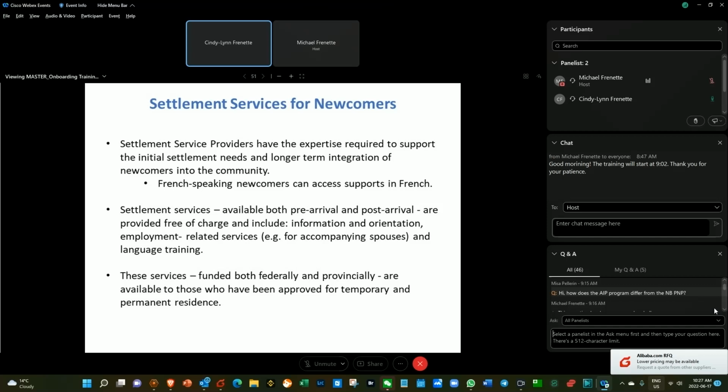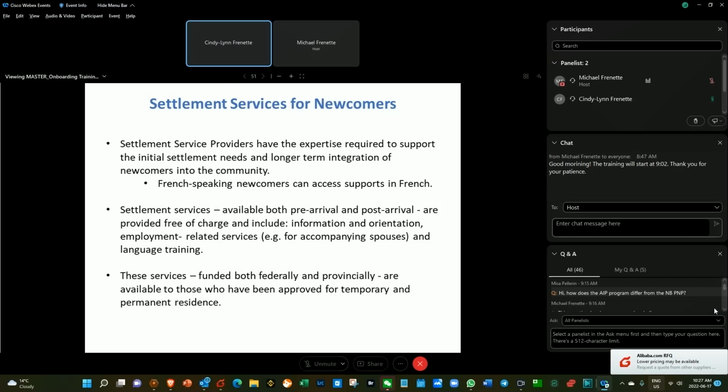The service providers can also help with housing and assist with registering children in schools within the French and English school boards. Service providers also offer language assessments and language training in both English and French.